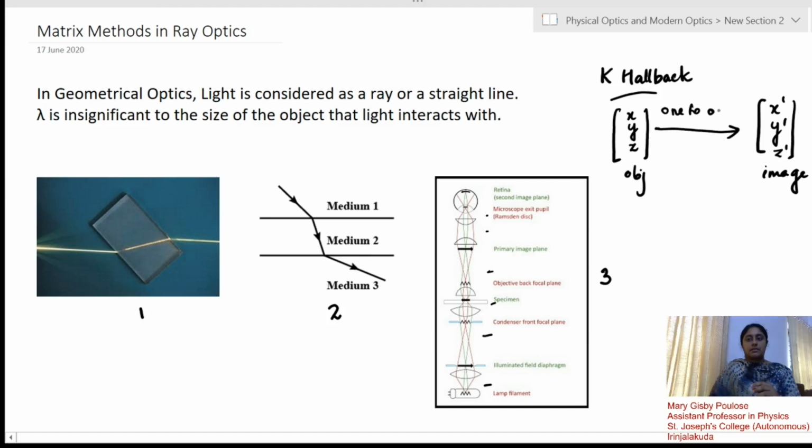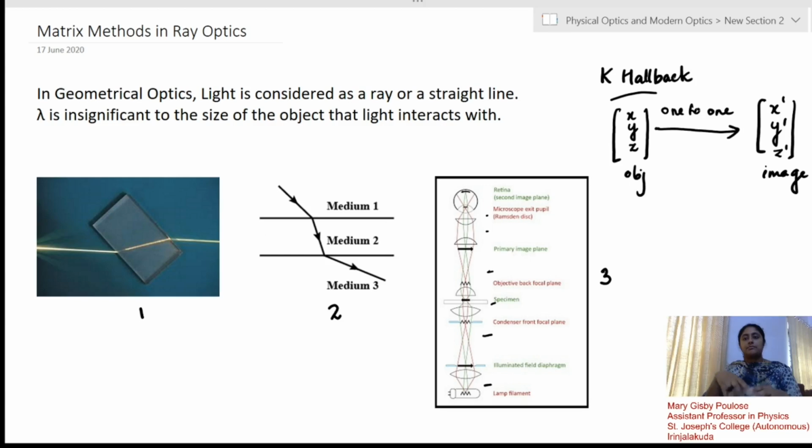That is, the x coordinate in the object plane will be related to the x prime coordinate in the image plane. Likewise, the y coordinate corresponds to the y prime coordinate, and the z coordinate in the object plane corresponds to the z prime coordinate in the image plane.